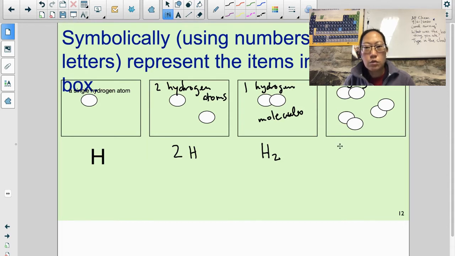So this would be 3H2. The number in front gives the number of particles, 1, 2, 3. But this 2 indicates how many of those atoms are in one unit of that substance. So we have two hydrogen atoms bonded together to make a molecule.